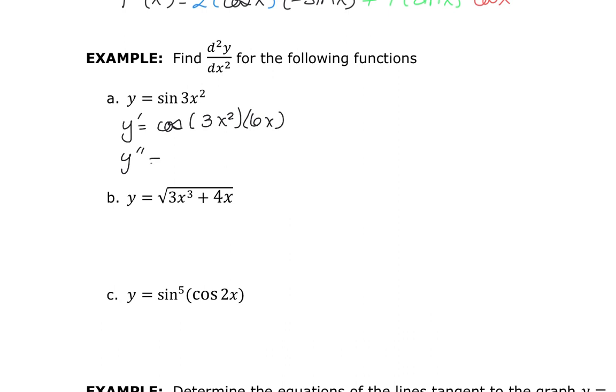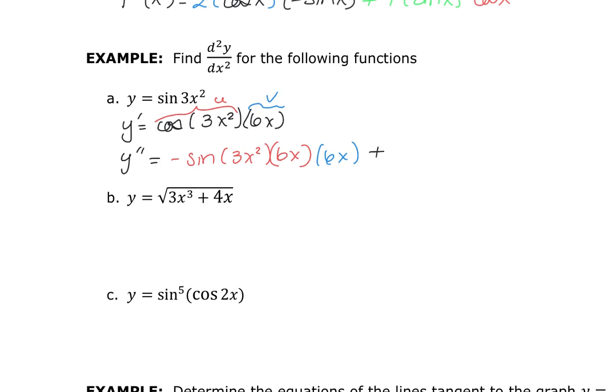Y double prime would be, now I've got u's and v's. This is u, and this is v. The derivative of u, the outer function is cosine, so it would be negative sine of my angle, multiplied by the derivative of that angle, and then multiplied by v, which is 6x.